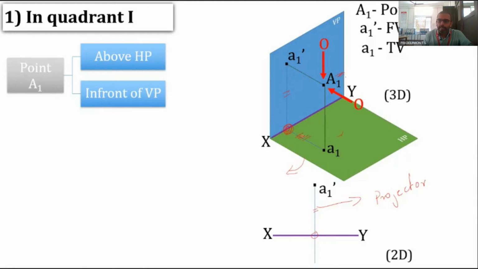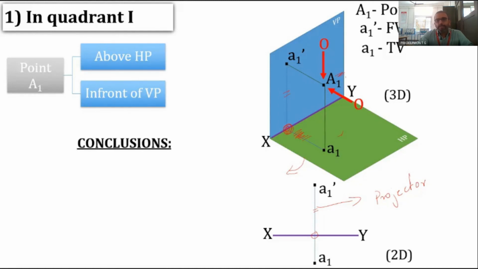That distance is equal to the distance of A1 from VP. The distance of A1 from VP is the distance of this line. So that length can be marked here, and we can obtain the top view. So this is the condition.